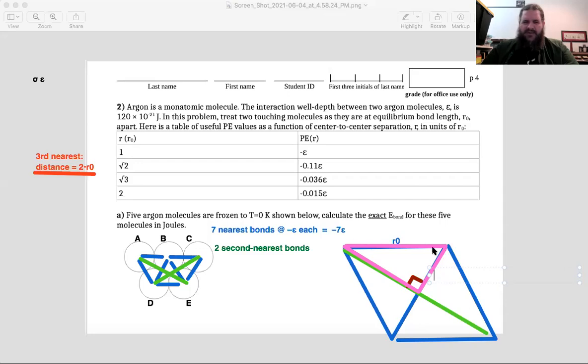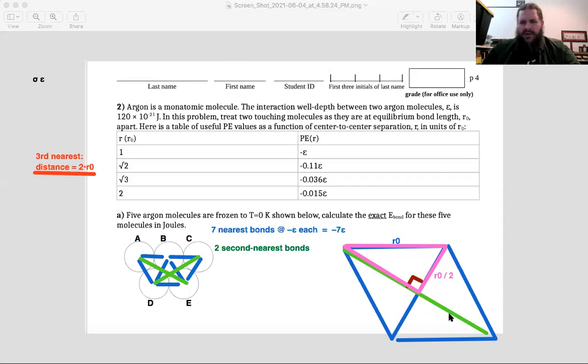We've got, for instance, distance from C to D was exactly R naught. We just cut that exactly in half. So what's left? Yeah, that's R naught over 2. And now we've got two sides, and the missing side, we just call that distance x for now.